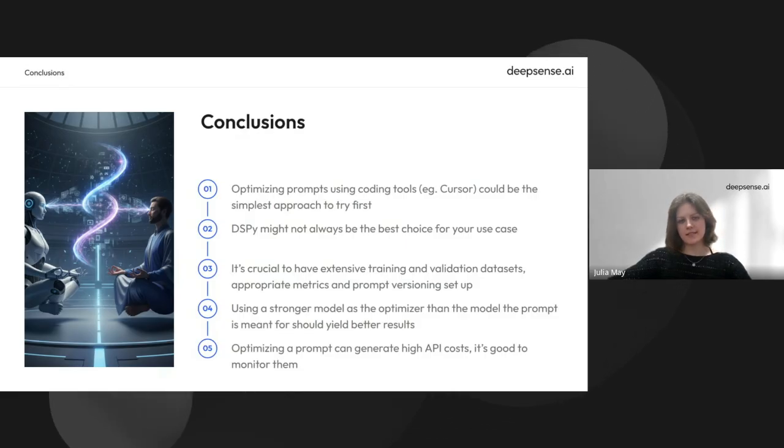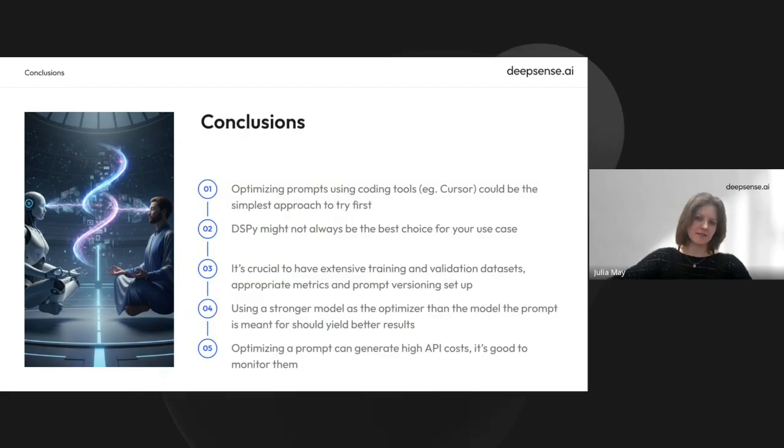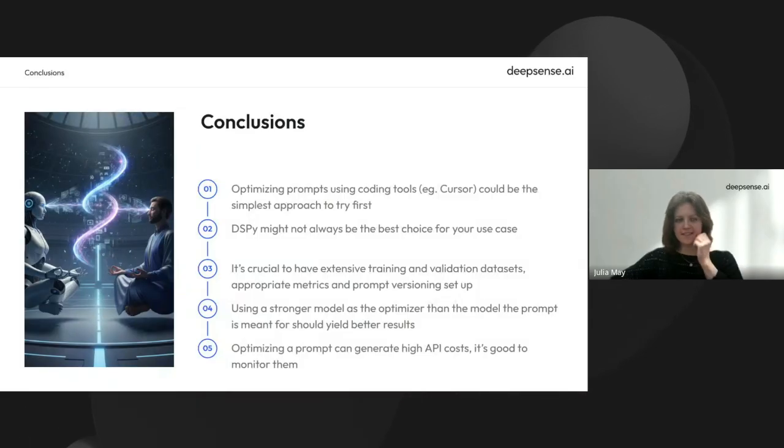Also, as a tip, we can use a stronger model as the optimizer than the model that the prompt is meant for, and it usually yields better results because the stronger model is better as a meta optimizer than the smaller one. And also, optimizing a prompt can generate high API costs, so it's good to monitor the costs while running prompt optimization experiments.